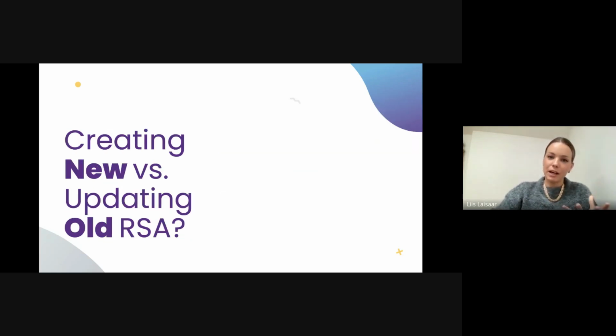Now, when we finally reach the stage of creating new RSAs, take a brief moment and ask yourself, should you even be creating new RSAs? As I mentioned in the previous research-themed workshop as well, we don't always want to fully overhaul the existing setup and data it has gathered.